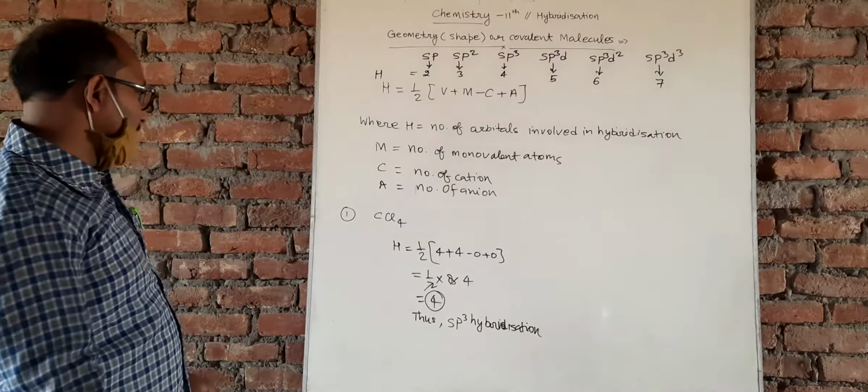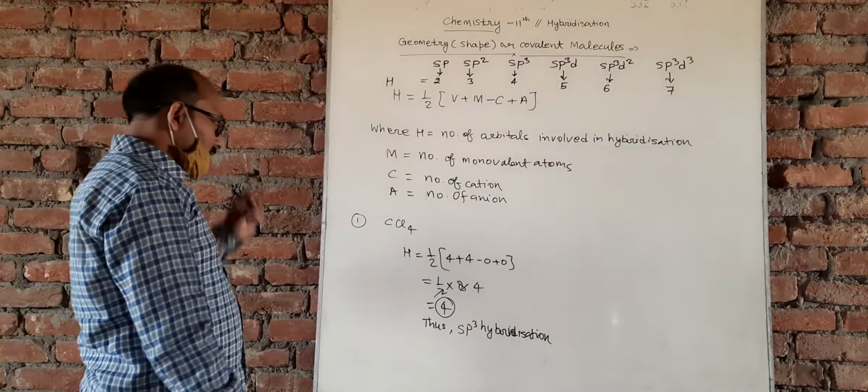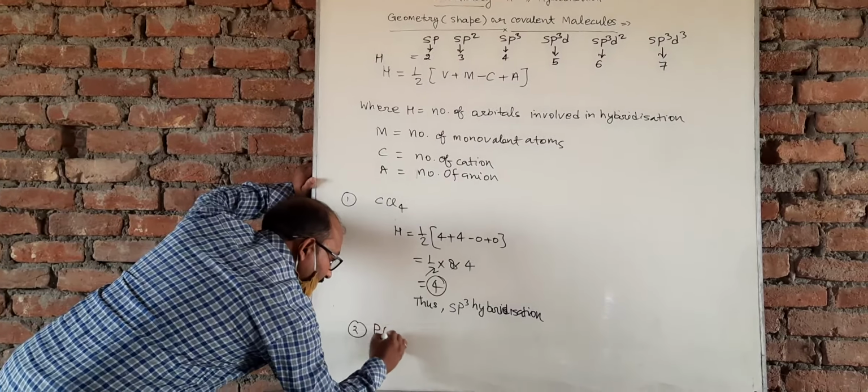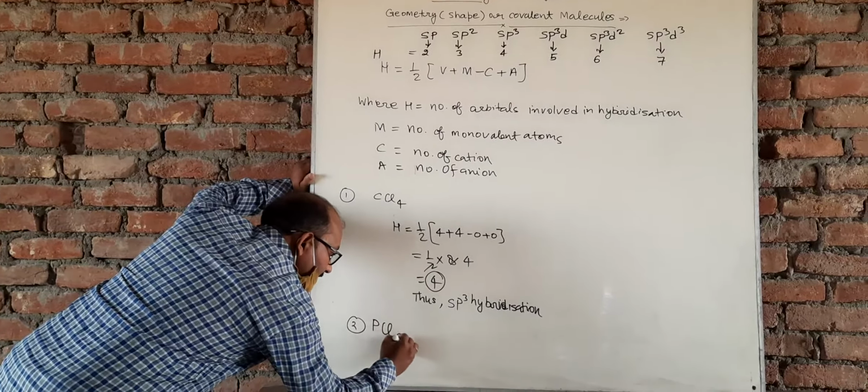Let us take another example, PCl5. The value of H equals 1 by 2. The central atom is phosphorus, and phosphorus has 5 valence electrons, so V equals 5, plus the number of monovalent atoms.